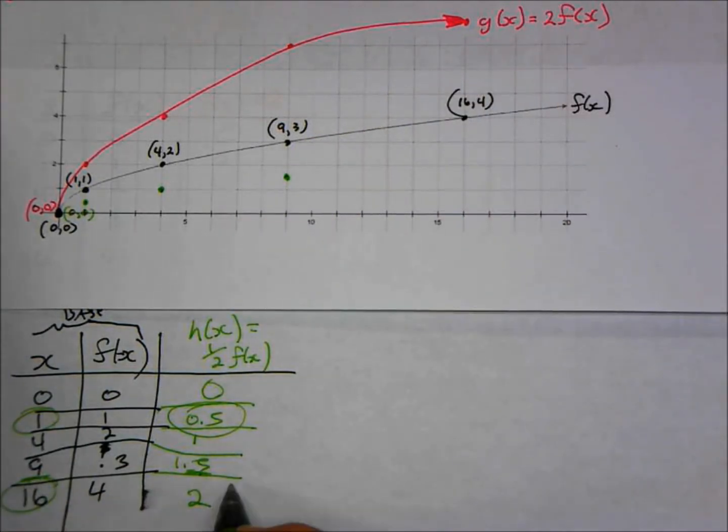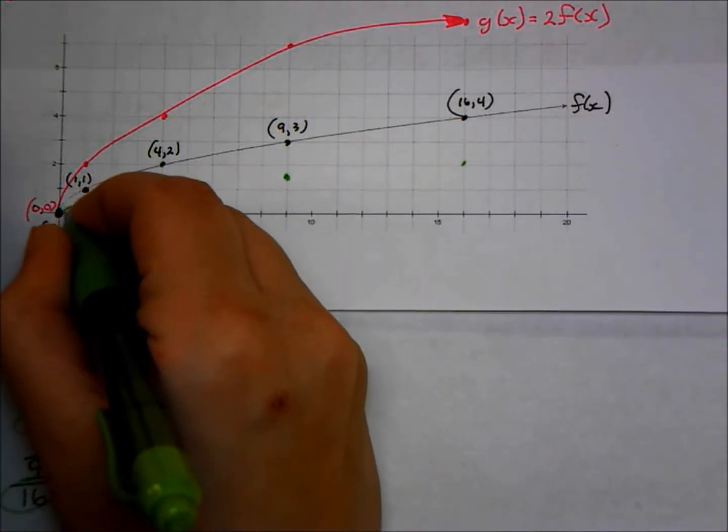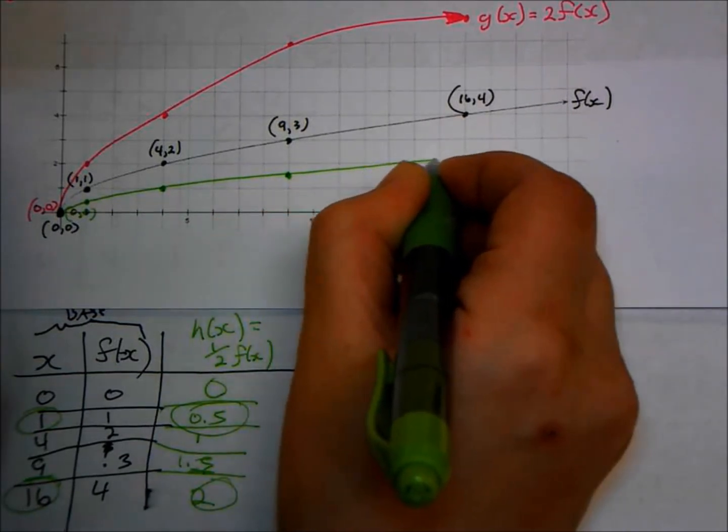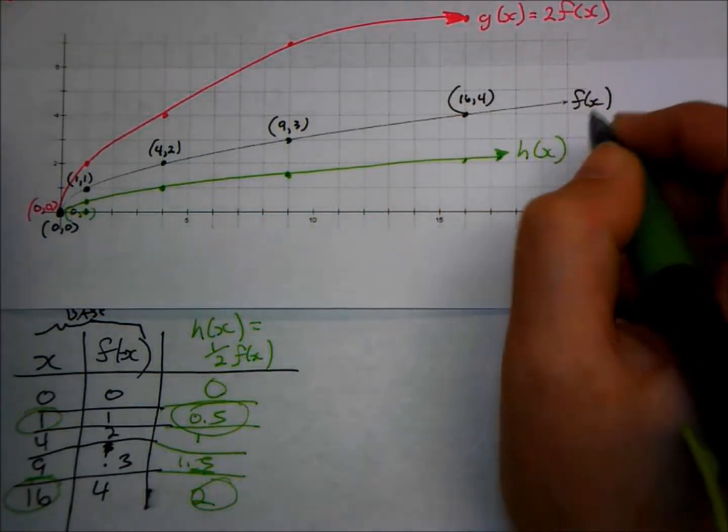And 16 and 2. So our new graph looks something like that. This is our h of x.